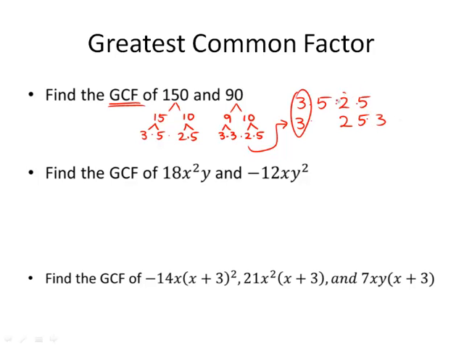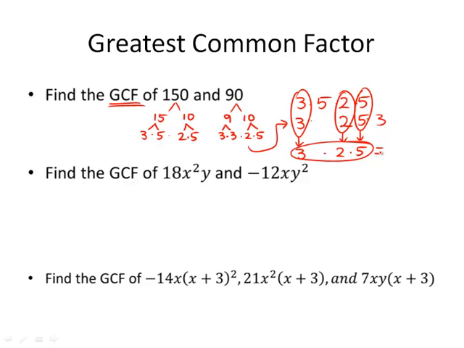So what factors are common? Well, a factor of 3, a factor of 2, and a factor of 5 are common. Because these are prime factors, we can consider them all together. 3 times 2 times 5, any combination of those will divide both 150 and 90.